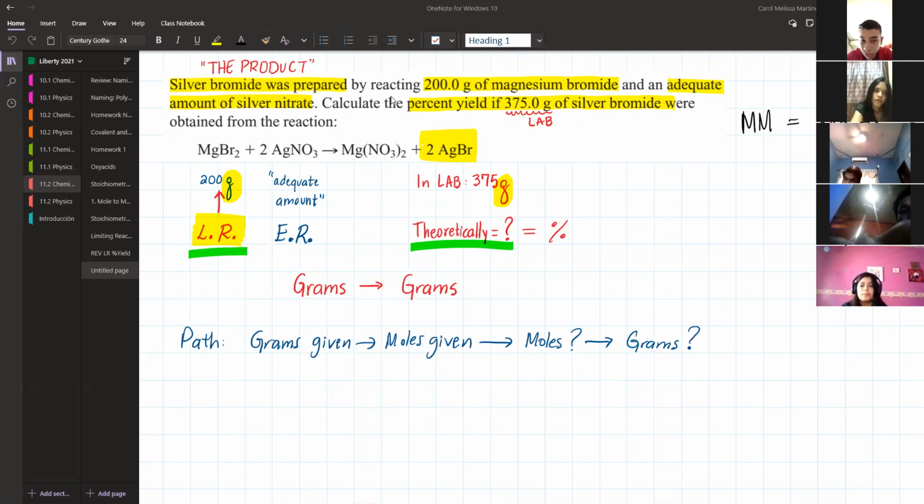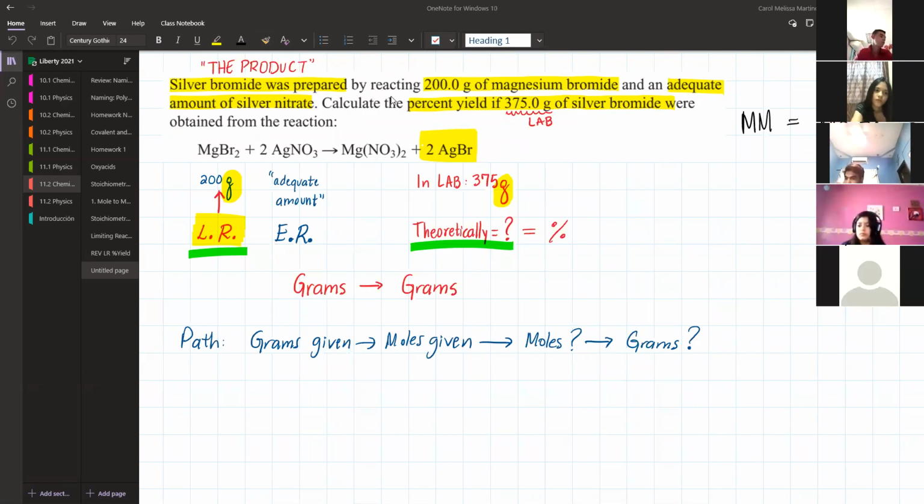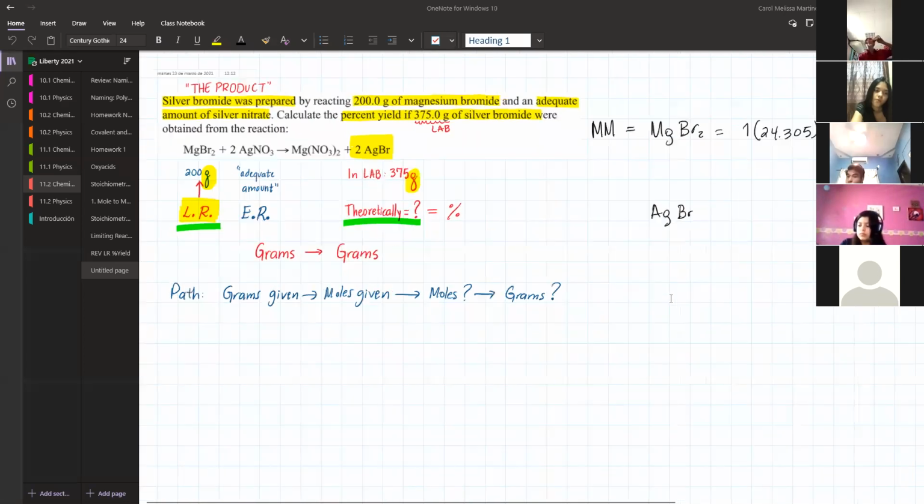So magnesium mass is 24.305. You're not seeing the procedure, sorry. Okay, this is 1 magnesium and 2 bromines, okay?